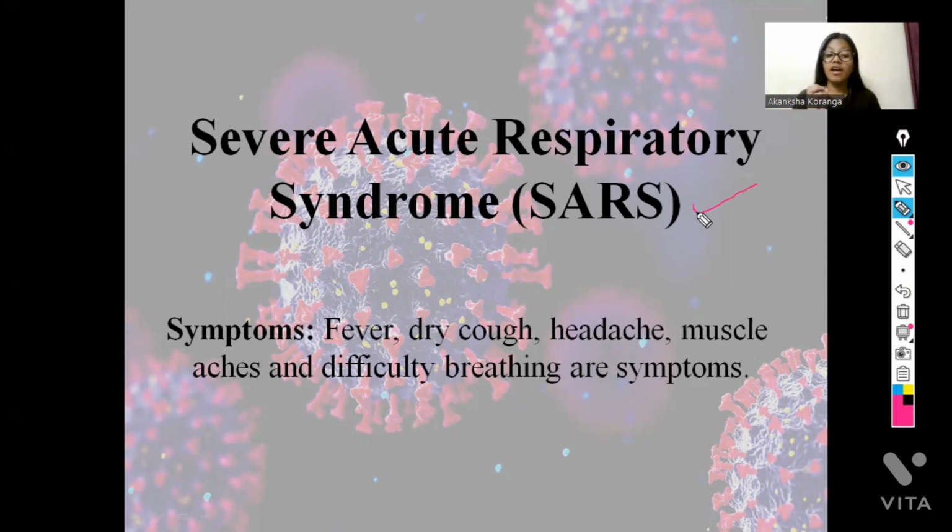The symptoms are fever, dry cough, headache, muscle ache, and difficulty in breathing. This disease is similar to the COVID that is going on right now, and it is also caused by a virus in the family of coronavirus.